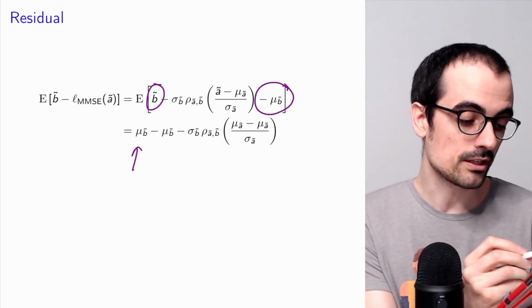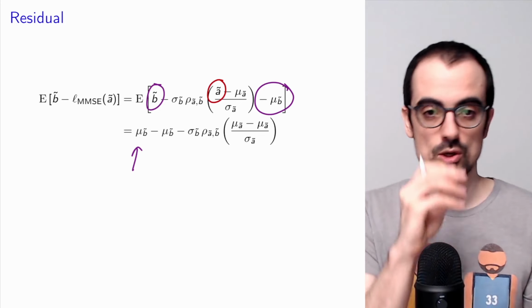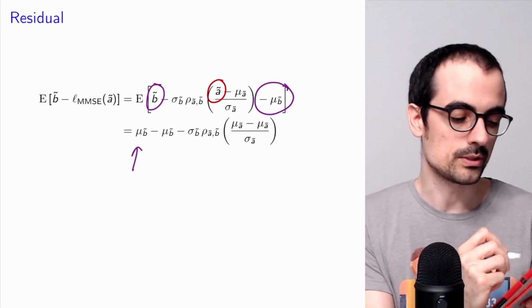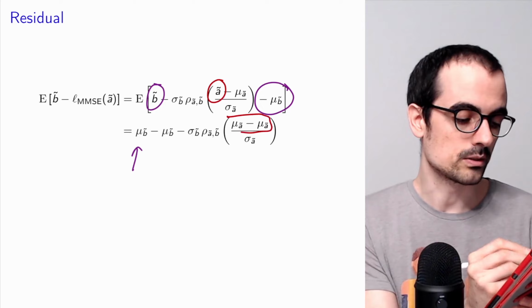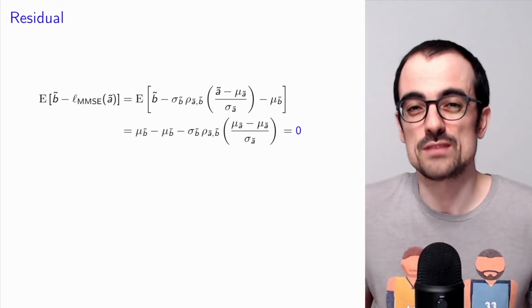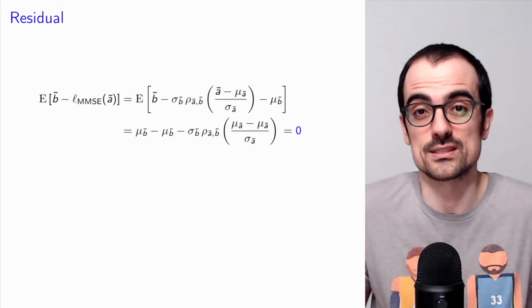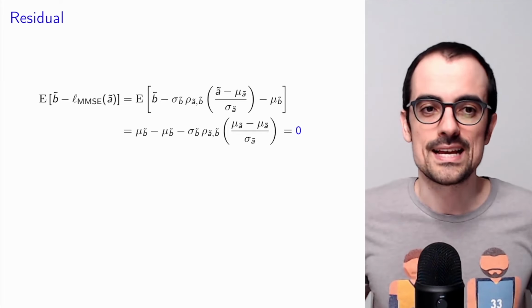And when we apply linearity of expectation, the only other random variable that we have is here, so we compute its mean, and the means cancel out here. So basically the mean of the residual is 0, which makes sense because if the mean of the residual was not 0, we could always correct for it with the additive constant, right? And get a better linear estimator.